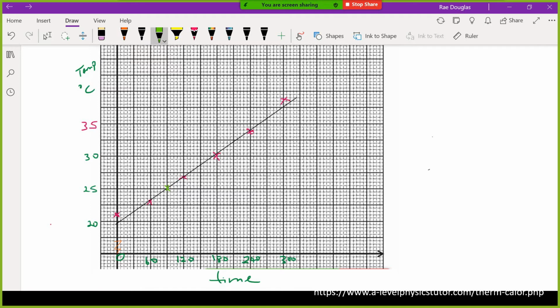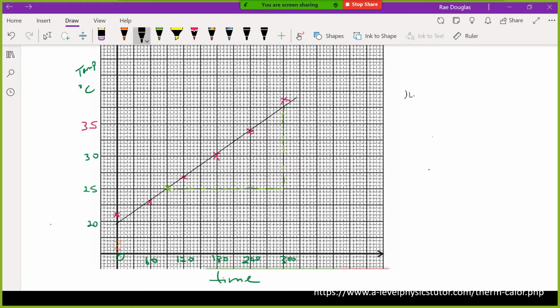Which other one could I use? By drawing my broken lines going across, I'm trying to find a point that I can read easily, and I think that is going to take me to this point. When you're doing your gradient, try to get values that you can read off your graph.